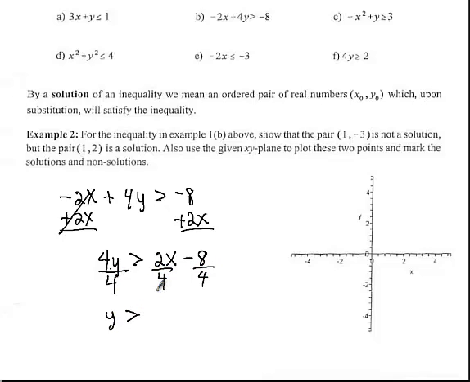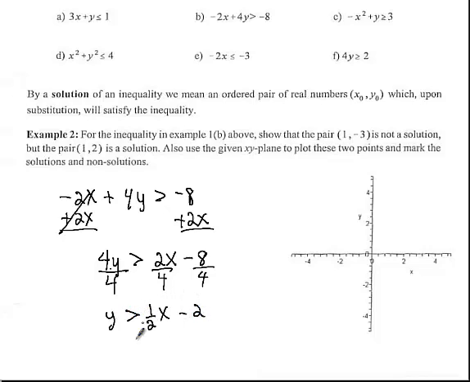And we have y is greater than 1/2 x, which is our slope, 1/2, and then our y-intercept 2. So we're just going to graph this as we normally would, locate the y-intercept, and then apply the slope. However, y is not equal to this line.